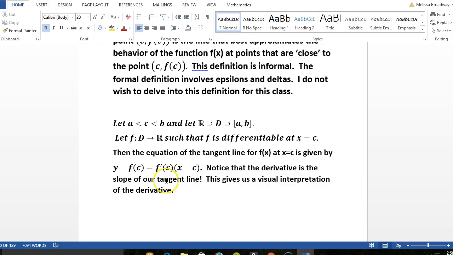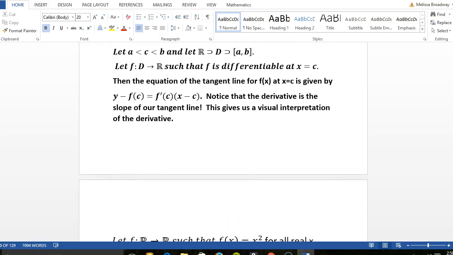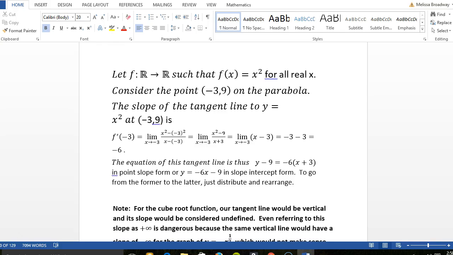Notice that the derivative is the slope of our tangent line. We've really talked about this already; I sort of gave this away in at least one previous video. This gives us a visual interpretation of the derivative, okay? I just wanted to go over that, and let's do an example.